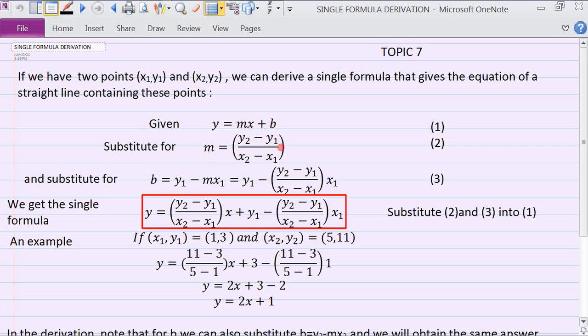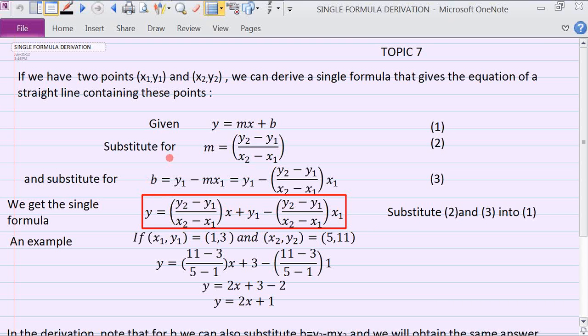I've got an equation for M, and I've got an equation for B that I can substitute into Y equals MX plus B. So here we have Y equals MX plus B, and B was Y1 minus MX1, this part of the formula right here. So you see, if I substitute 2 and 3 into 1, I come out with this formula.